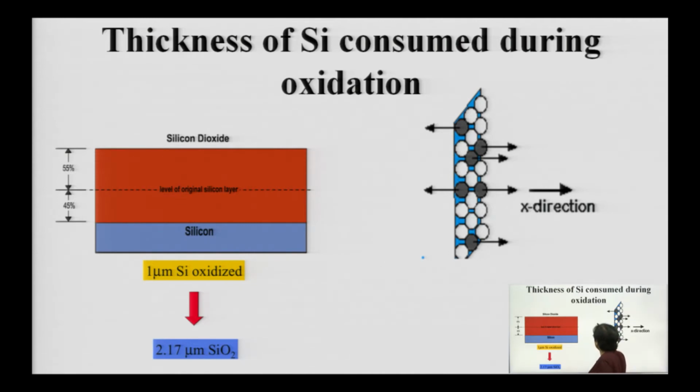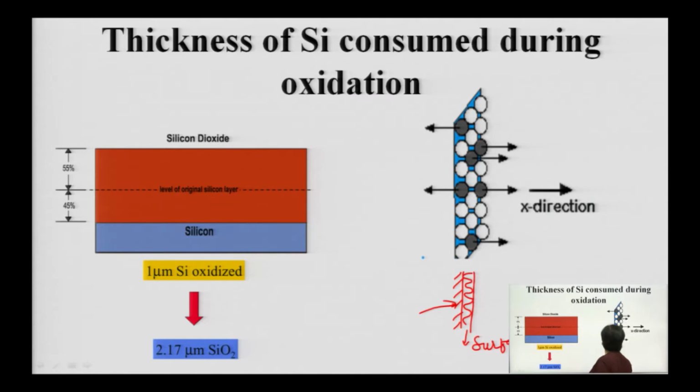Now, the normal tendency of any substrate or surface is for the deposited material to grow on top of it. Suppose I have this surface, this is my original surface. When I deposit something, it tends to get deposited on top of it, but in the case of silicon dioxide it is not the case.